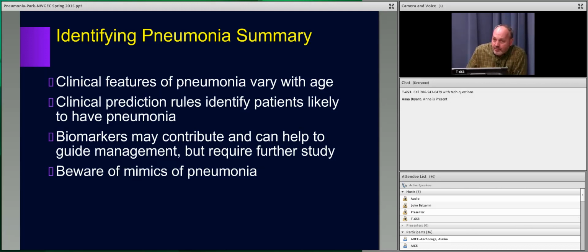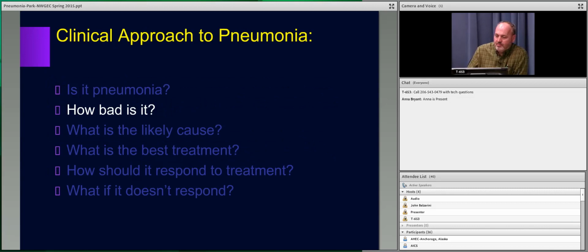There are clinical prediction rules that help to identify patients with a cough who are more likely to have pneumonia than some other explanation. The biomarkers are not ready for prime time. And then just think about the other things that might cause the appearance of pneumonia when actually there's some allergic or other inflammatory vasculitic process.